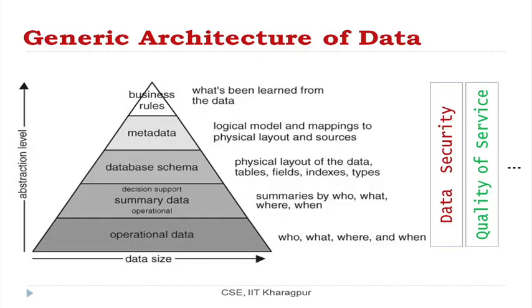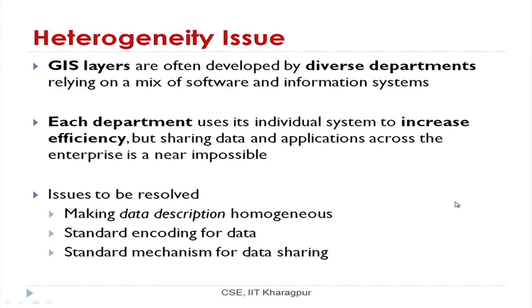So, the end user is more at the top of the things, and this is true for all sorts of data, and we have some verticals like data security, which is end to end. There are quality of service, how reliable, there can be management services and different other verticals which go across the different aspects.